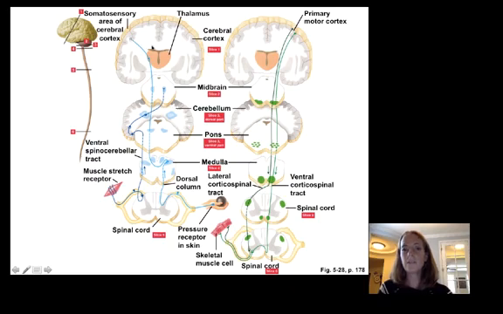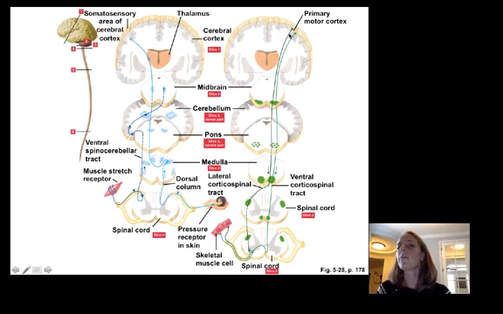So now you know that this sensory information can be gated by the thalamus, or it can be gated by the brainstem or the medulla. And then that information, depending on how strong it is, can be relayed to the cerebellum to help with movement coordination, or it can be relayed to the cerebrum to be aware of the sensation, and then further decide whether we should have a response.